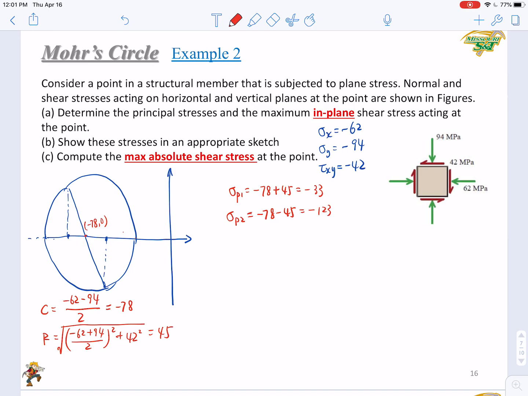So those are the two points, negative 33 and negative 123.